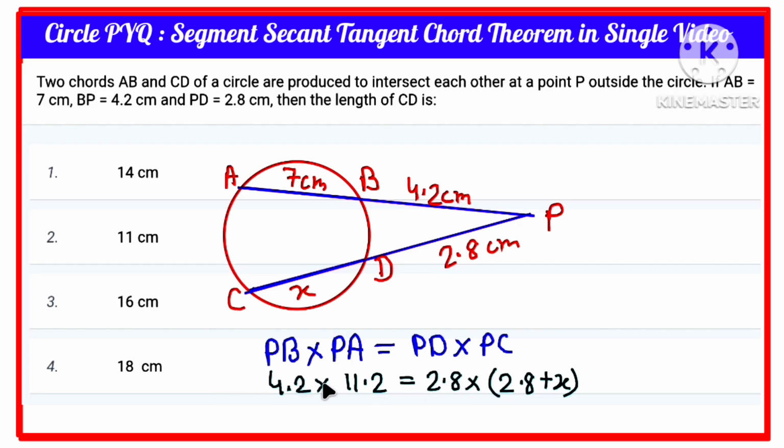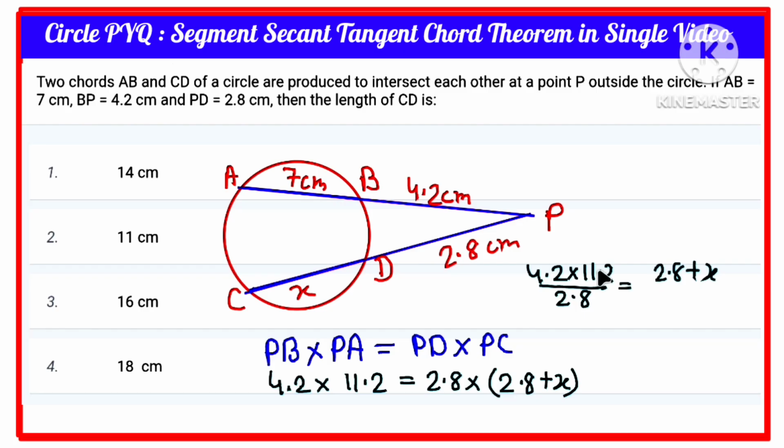Let us take this to the other side. Then here we already have 4.2 into 11.2 divided by 2.8 is equal to 2.8 plus X.